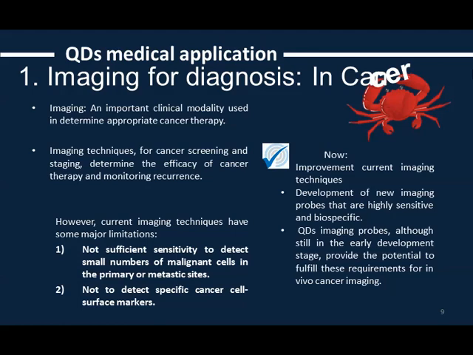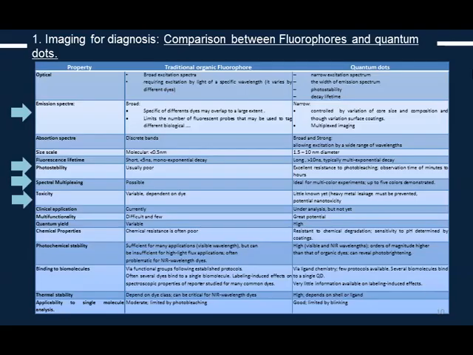So the idea is that quantum dots could improve those techniques and develop new imaging with high sensitivity and biospecificity. They are not currently applied in clinic. They are at an early stage, but they could in the future be a great material to fulfill this requirement for in vivo cancer imaging.